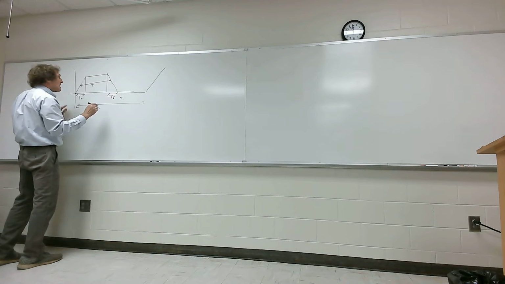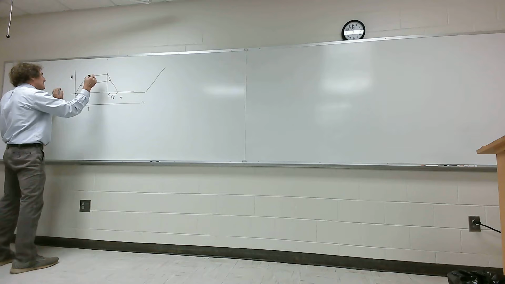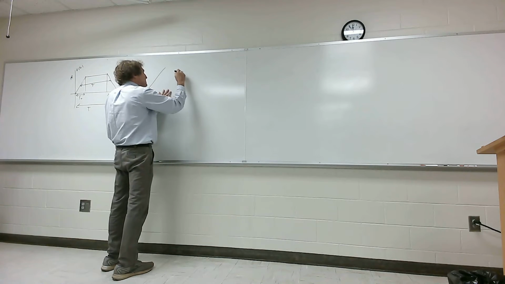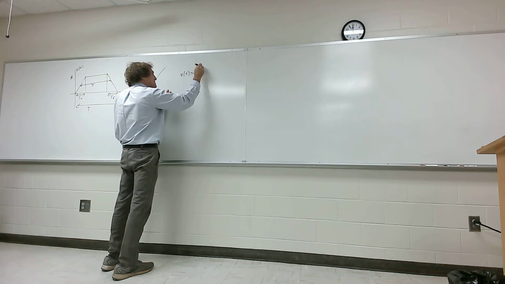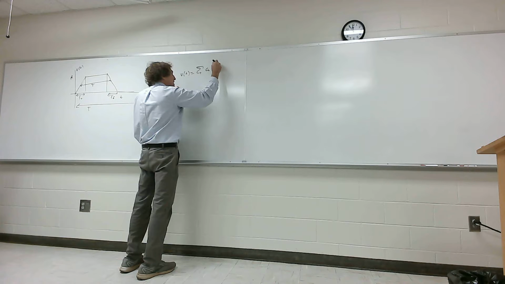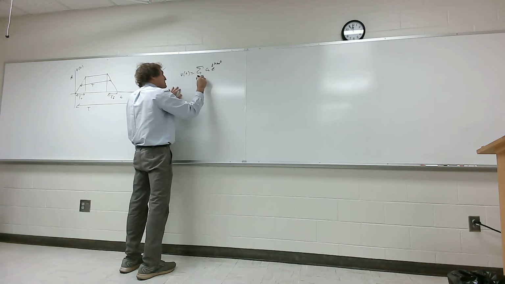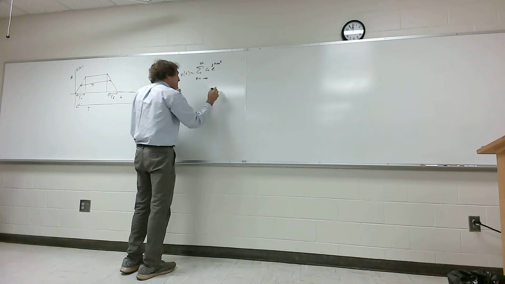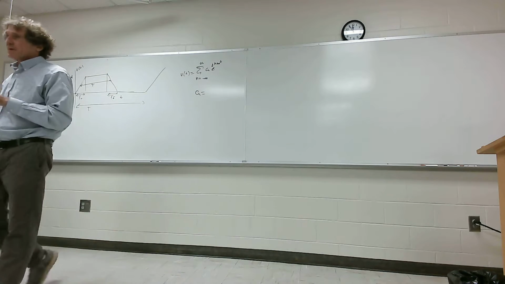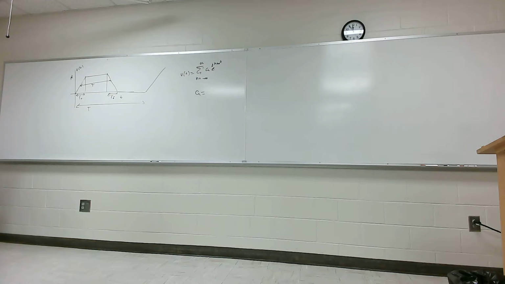This waveform with amplitude A, V of t, is equal to the summation of C of n e to the j n omega naught t from n equals minus infinity to infinity. Remember we got C of n through the derivative method, everybody? We took two derivatives, and then we found the Fourier series of that impulse series, and then we backed it out with 1 over j n omega naught twice.